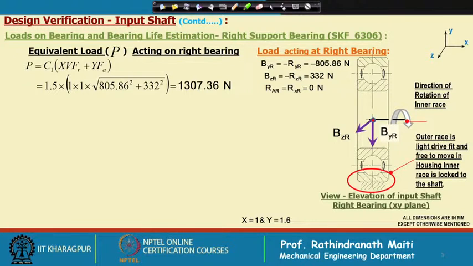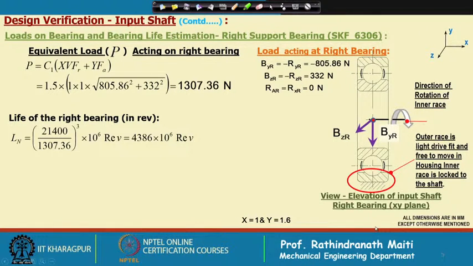So, the Y Fa component vanishes, and ultimately from the load shown here we calculate that the equivalent load is 1307.36 Newton.